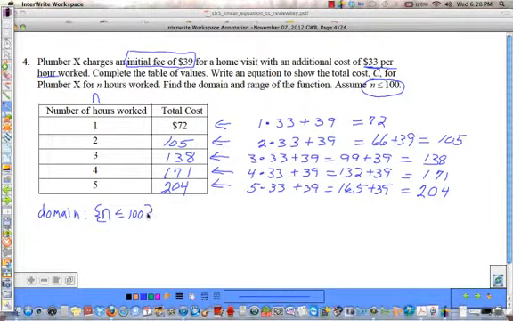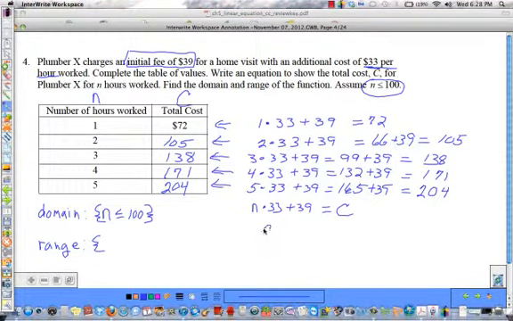But our range is in relationship to the function. And the function is our equation. So we have to figure out what our equation is. So we took the number of hours times 33 and we added 39. So that was our total cost, and we're going to call it C for cost. Let's rewrite this as C equals 33n plus 39.